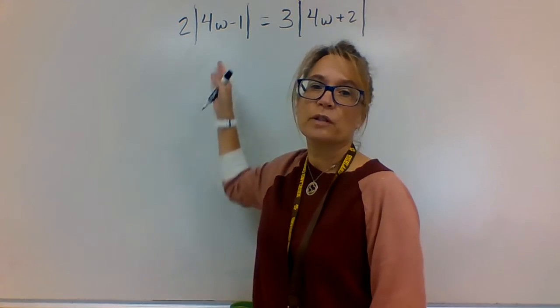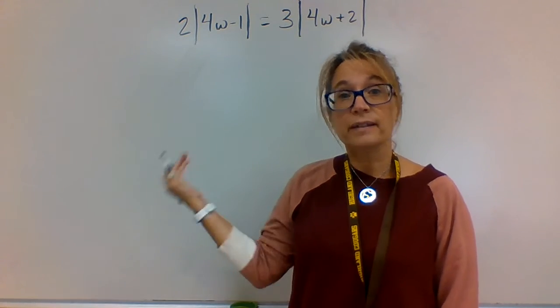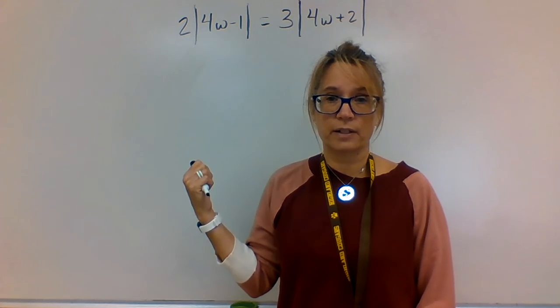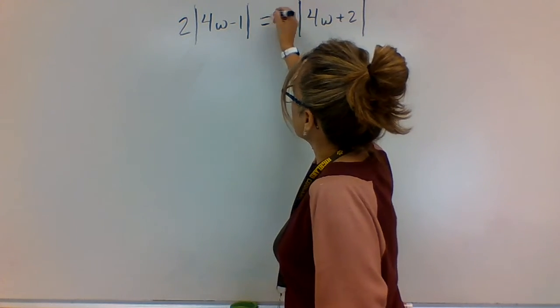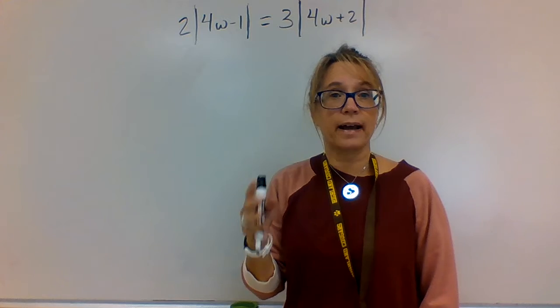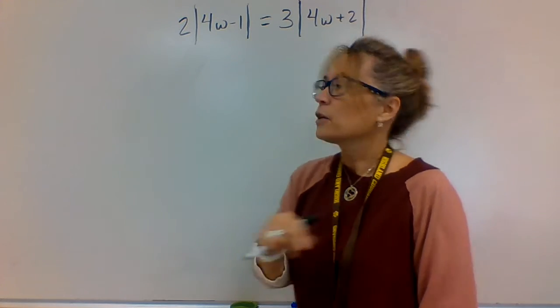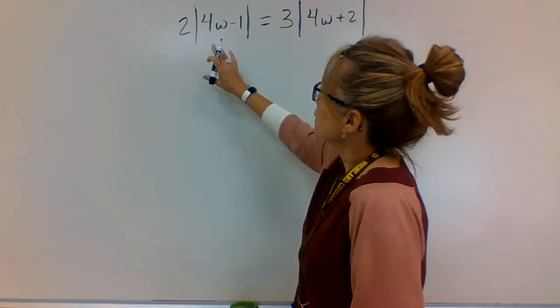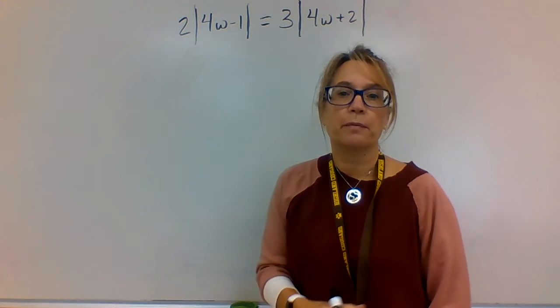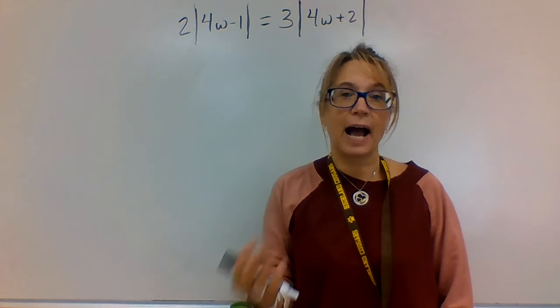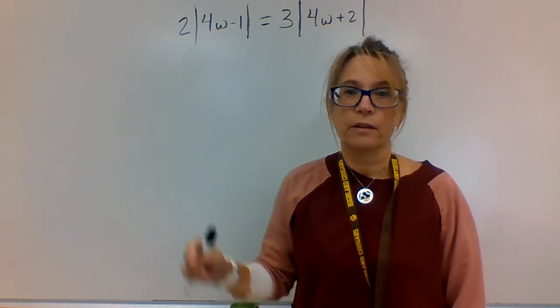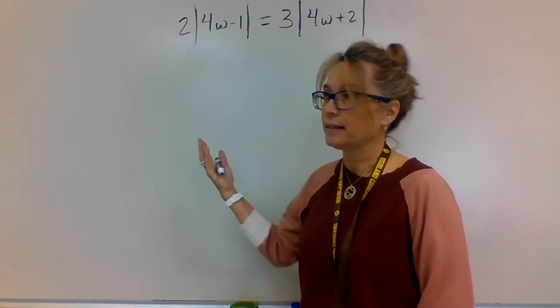Now the absolute value symbols look a little bit like parentheses in this equation, but they're not parentheses, but you can sort of treat them like that in some cases. So for example, when you have absolute value on both sides, you don't have to isolate one of them. You're going to work with it as is, okay?